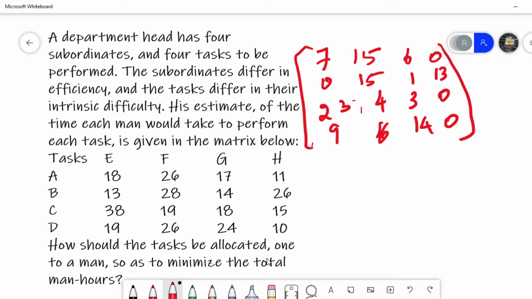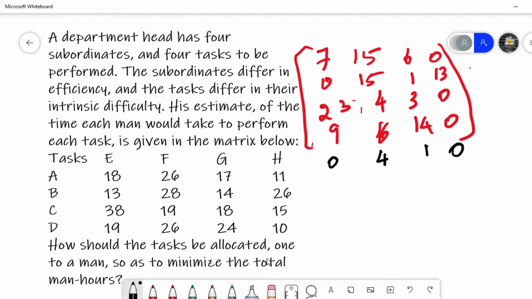In the first column, 0 is the smallest. In the second column, 4 is the smallest. In the third column, 1 is the smallest. In the fourth column, it is 0.